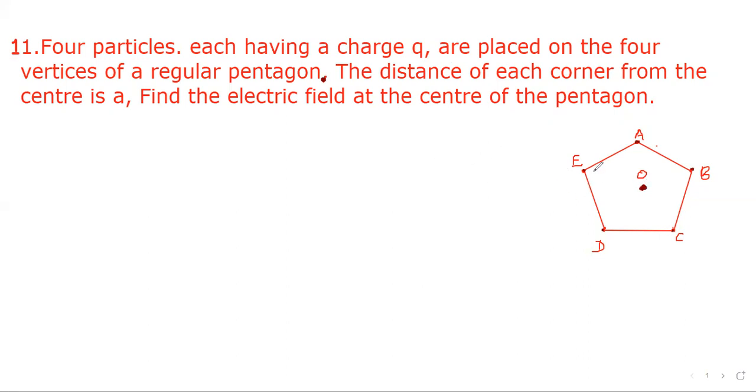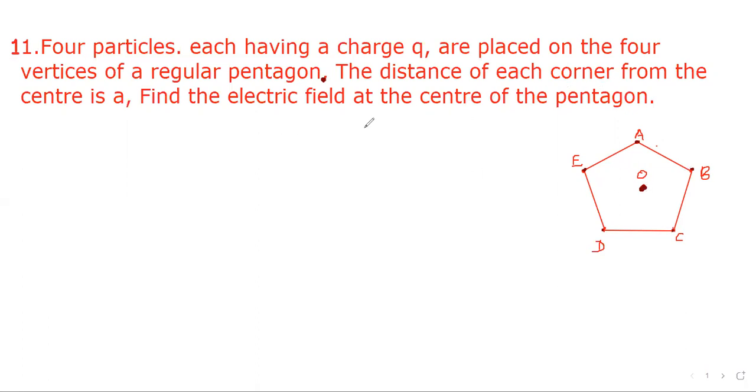So, if we remove one charge, then there will be some electric field. So, we can say that the field due to one charge is equal to the net field due to the other four charges.